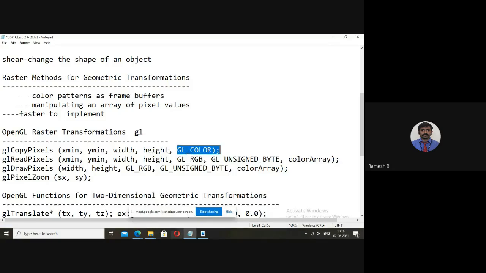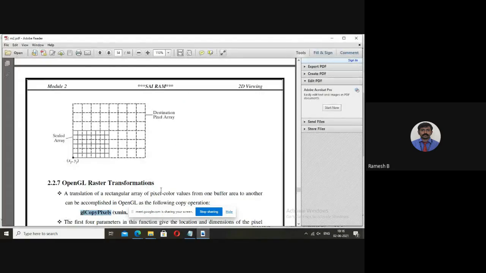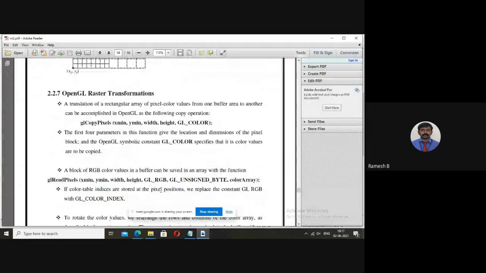Now if you see here, GL copy pixels copies an array of pixel values into the buffer area. The buffer area is mentioned by using the coordinates.